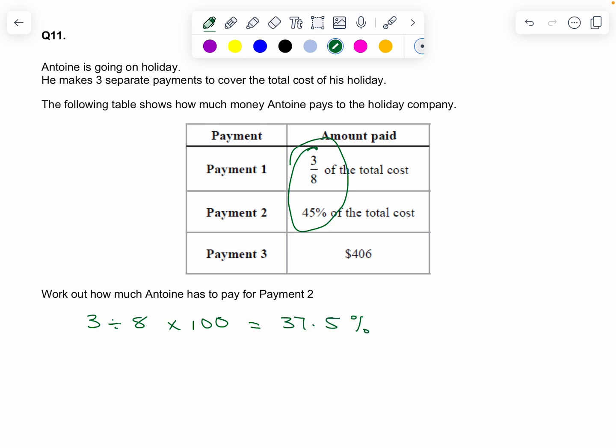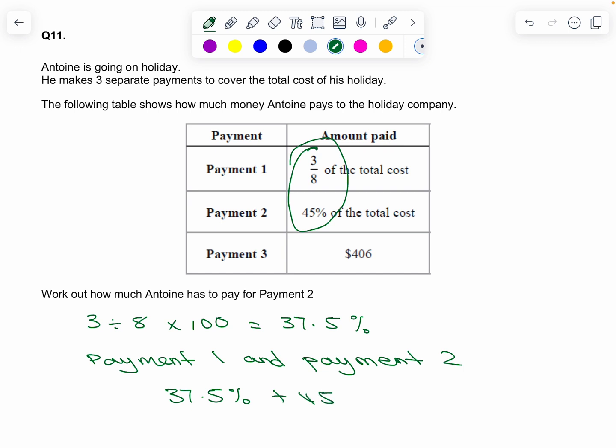So on payment 1 and payment 2, we have spent 37.5% plus 45%, which they've given us there.